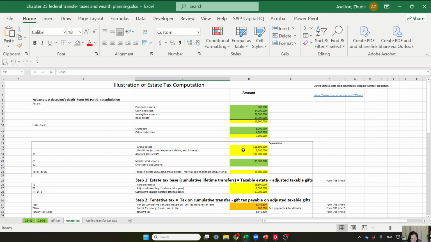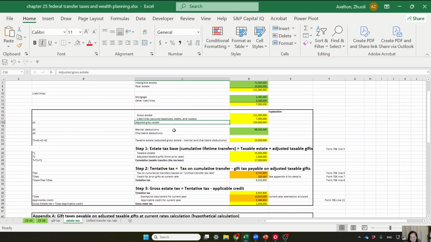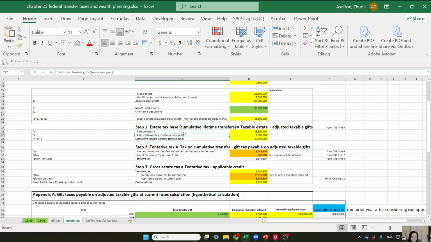It starts with the gross estate, and then we adjust by liability to get to the adjusted gross estate. Then we layer on the marital deduction and charitable deductions, and we arrive at the estate tax base. The estate tax base starts with the taxable estate plus all the taxable gifts from prior years, and again, this is a cumulative taxable transfer. Next, we take a look at the tax on the cumulative transfer. Then we deduct any prior year gift tax already paid, at the current rate.